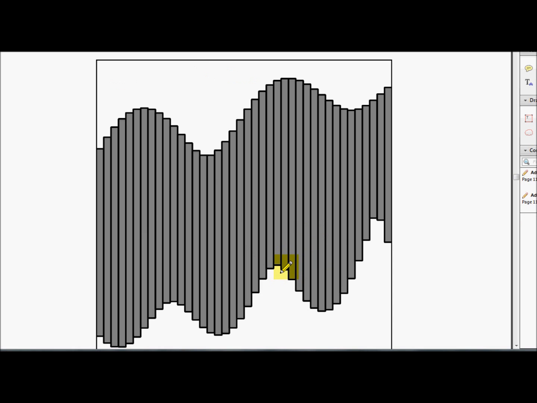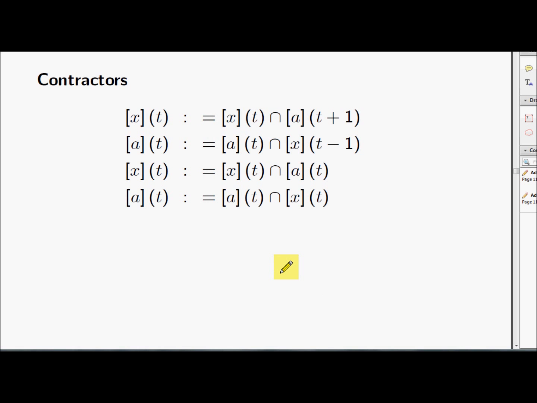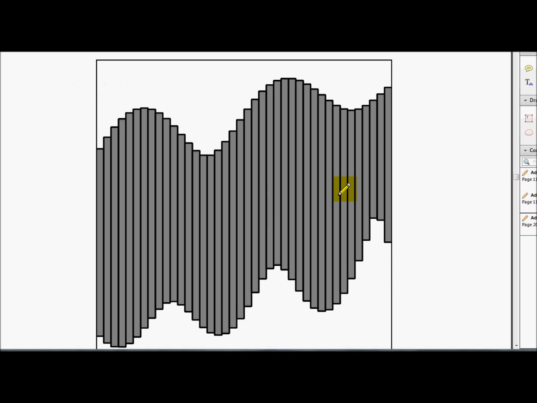So I know that I am inside this tube, and I will apply the first contractor. So the first contractor corresponds to this one, and then I will apply this one. I have to explain also that inside the machine, a tube corresponds to a vector of intervals, to a list of intervals.